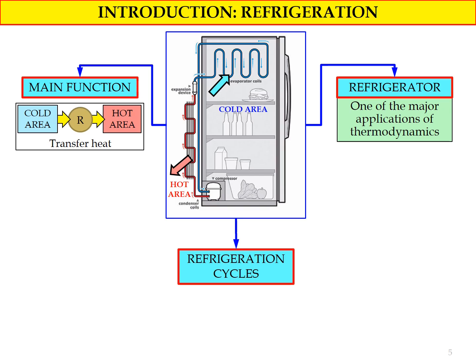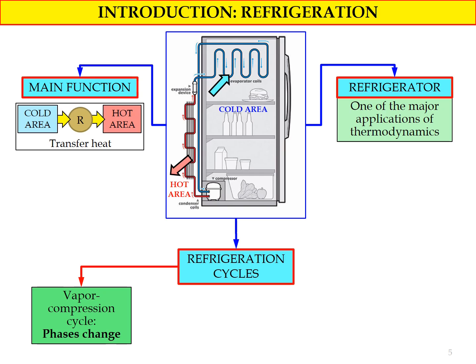So in terms of thermodynamic cycles for refrigeration, there are two types of cycles. First, we have the vapor compression cycle, where we use a refrigerant or working fluid that changes phase throughout the process. So sometimes the working fluid will be in the compressed liquid region, or saturated mixture region, or superheated vapor region.